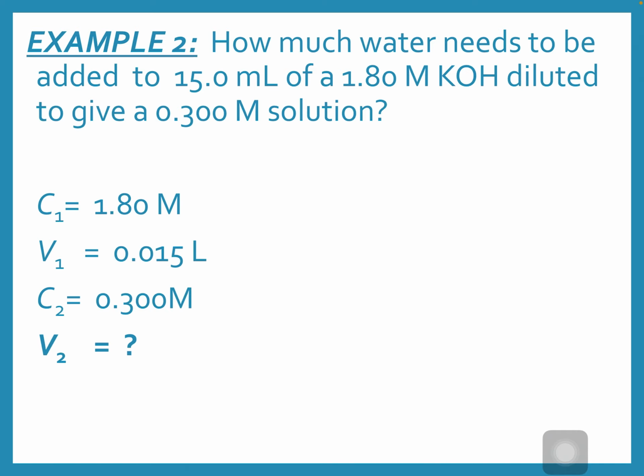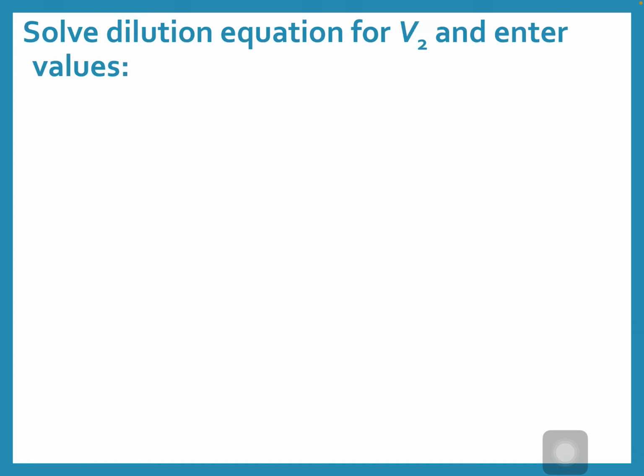Once I figure that out, the difference between my initial and final volumes is the volume of water that is added. The volume of the final solution is the volume of the total solution, and the difference between initial and final will give me the volume of water that was added.